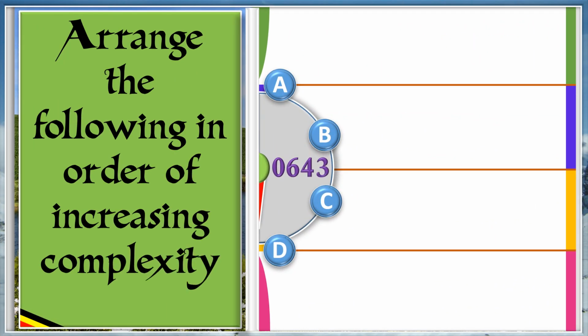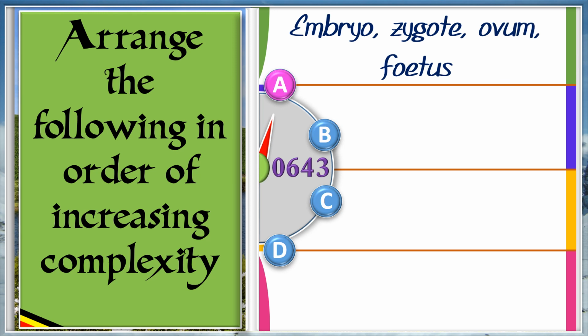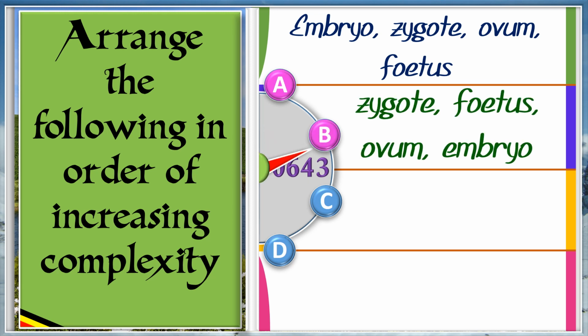Arrange the following in order of increasing complexity. A. Embryo, zygote, ovum, foetus. B. Zygote, foetus, ovum, embryo.